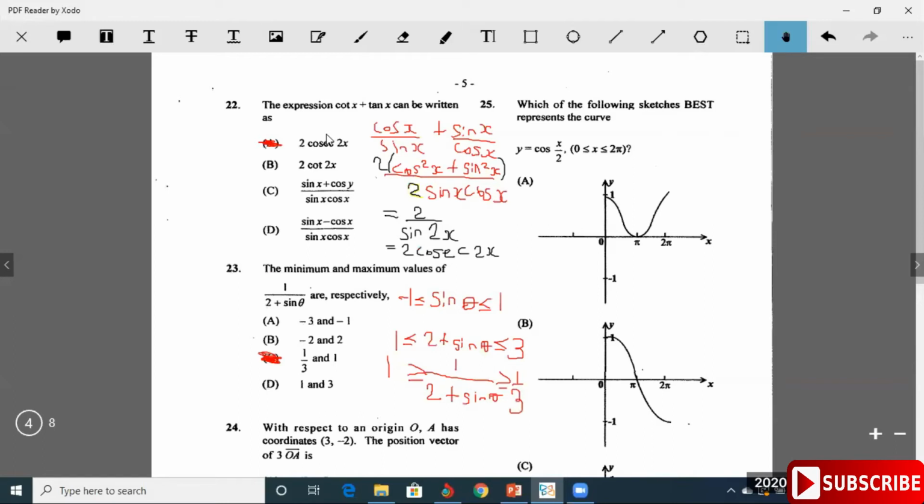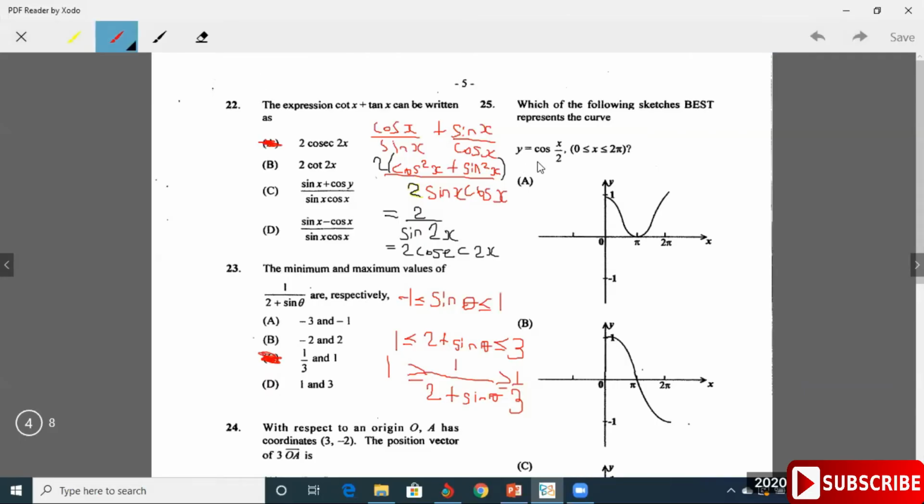Question 25 asks, which one represents the cosine of x over 2? Now, in order to do this question, the easiest way I would say is to draw a little table, and find out what is the value of cosine x over 2. Look at the points they give you, 0, pi, and 2 pi.